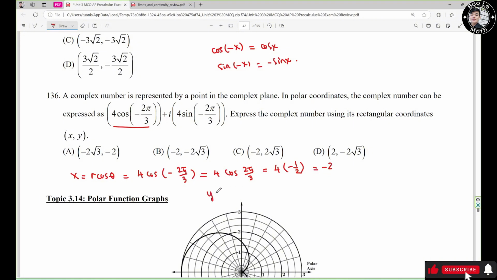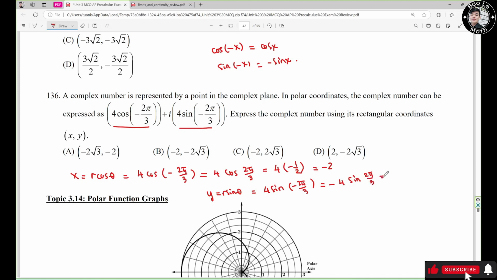Now y equals r sine theta, right? So it could be this one right here. 4 sine of negative 2 pi over 3, right? Now the sine function is odd, right? So this guy turns out to be negative 4 sine of 2 pi over 3, right?